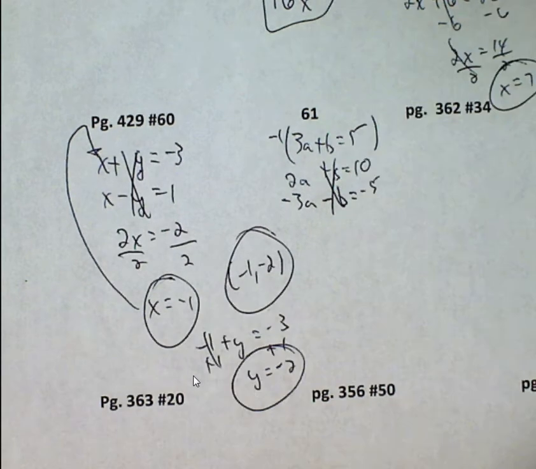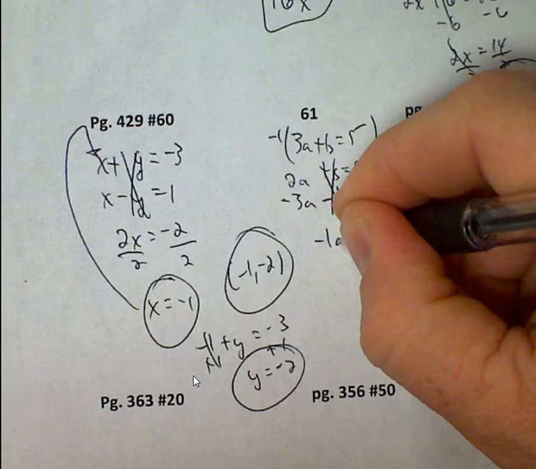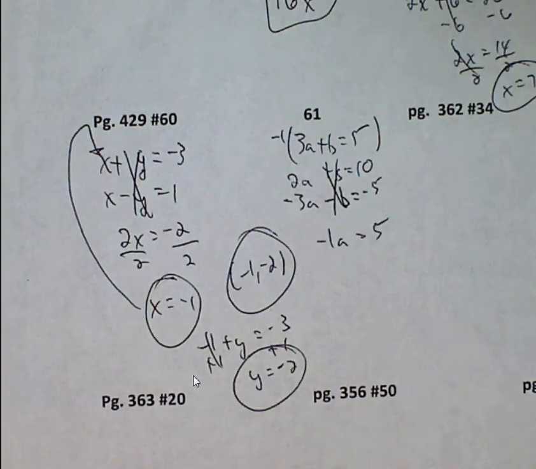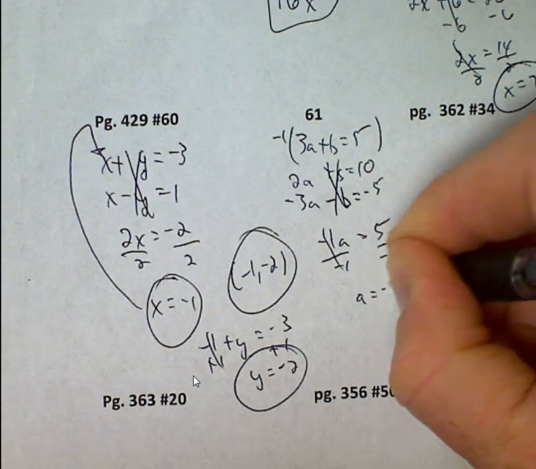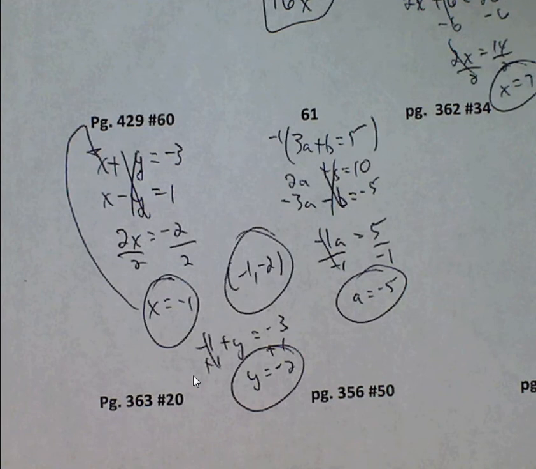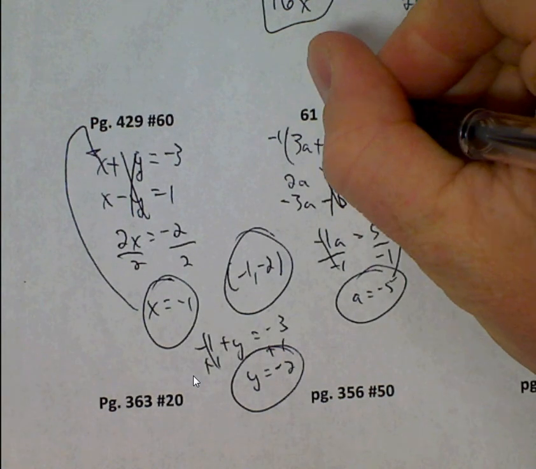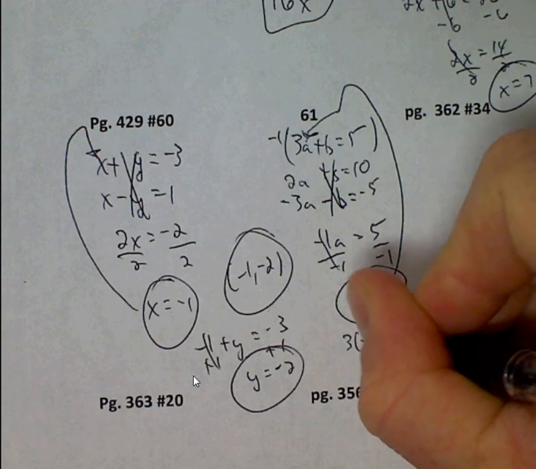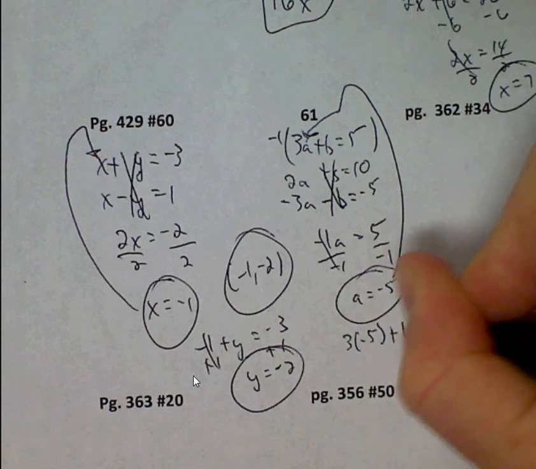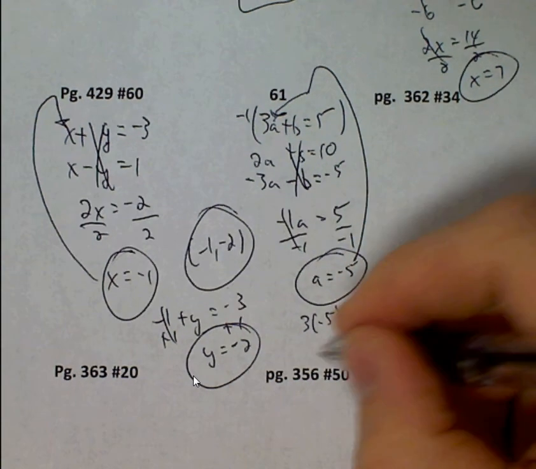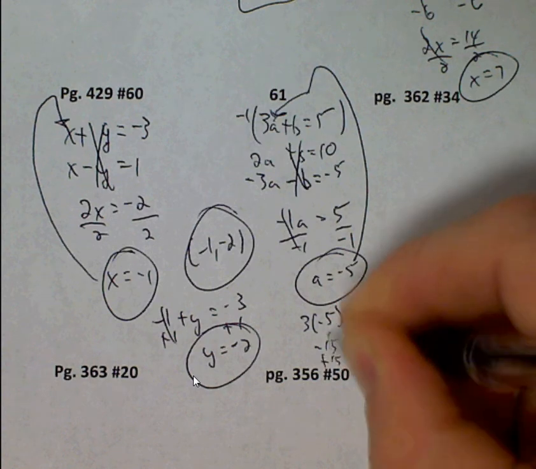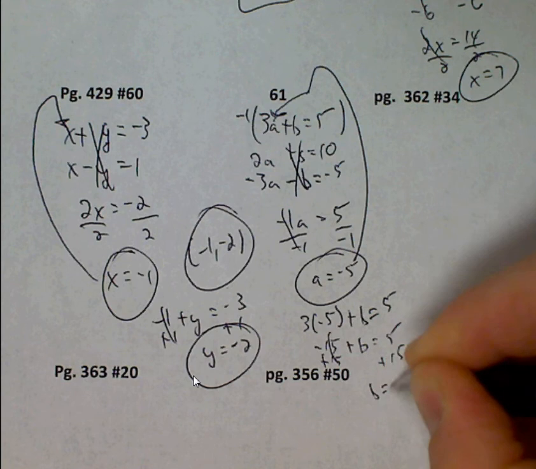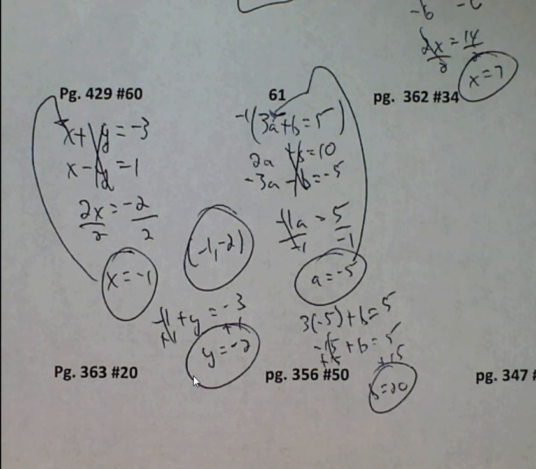B minus b goes away. Negative 1a equals 5. Divide by negative 1. A equals negative 5. I'm going to take this, plug it back in. 3 times negative 5 plus b equals 5. Negative 15 plus b equals 5. Add 15. B equals 20.